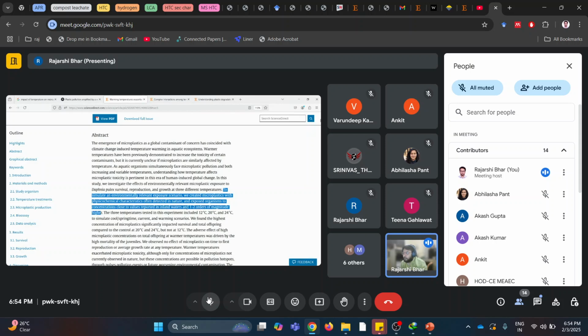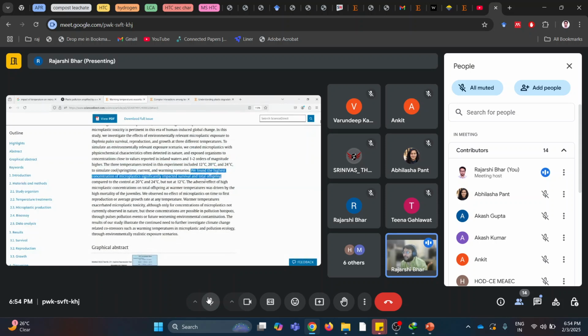The finding was that the highest concentration of microplastics significantly impacted survival and total offspring compared to the control at 20 and 24 degrees centigrade. Which means they had two conditions: at both 20 and 24 degrees, one system with no microplastics and another with microplastics. The researchers observed that the system with microplastics had a significant impact on survival and total offspring at 20 and 24 degrees.